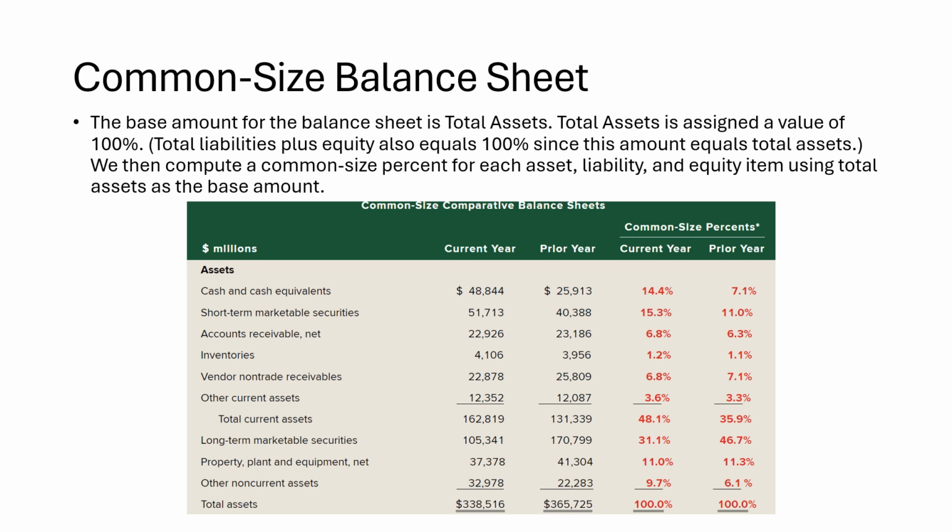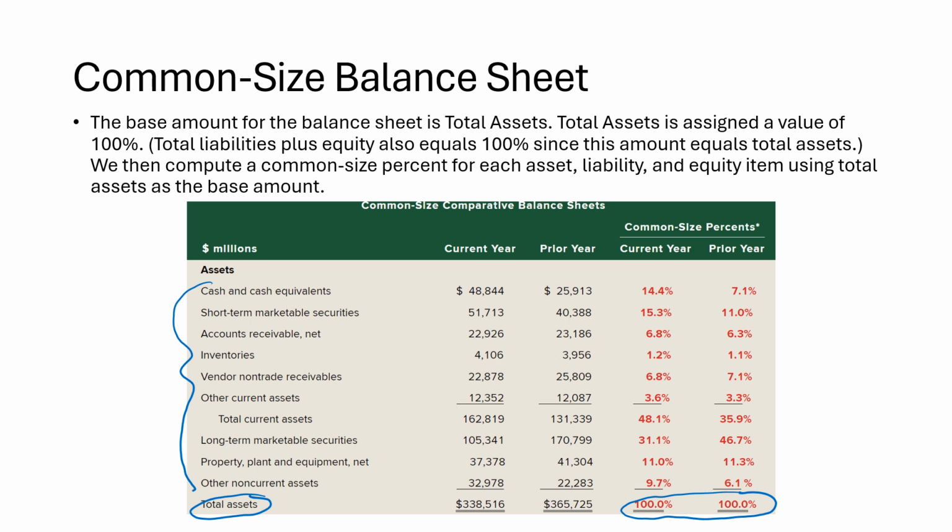The base amount is total assets, which when converted to a percentage will be 100%. And then each of the other items in the assets category will be shown as a percentage of total assets. So total assets is assigned a value of 100%.